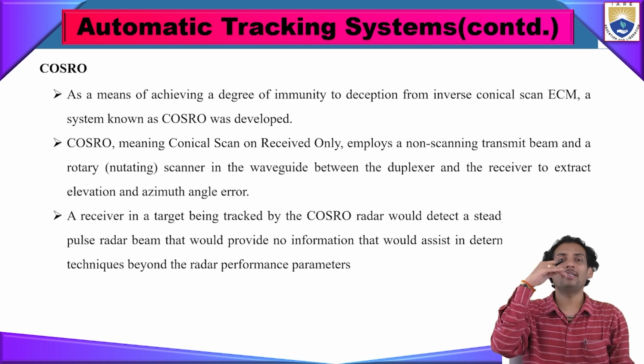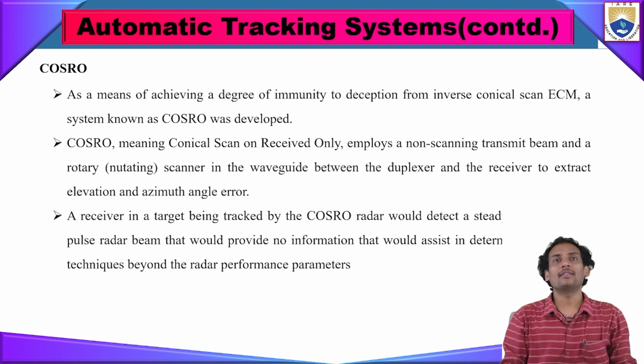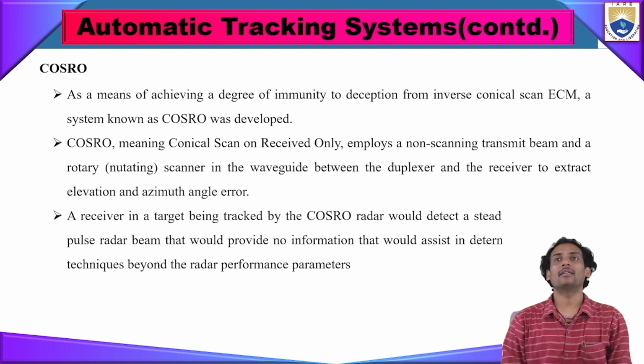So automatically it will track and receive the signals from the target. This achieves a degree of immunity to deception from inverse conical scanning, which is ECM, so a system known as COSRO was developed.